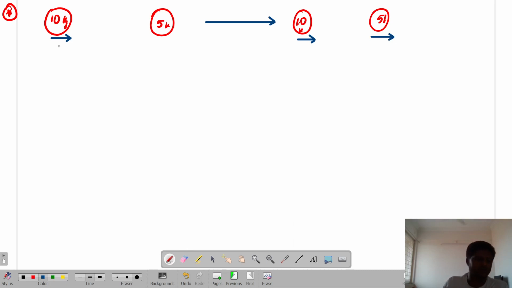This 10 kg was moving initially with velocity 10 meter per second, and at that time 5 kg was at rest, after collision in such a way that the e value was exactly equal to 3 by 4.